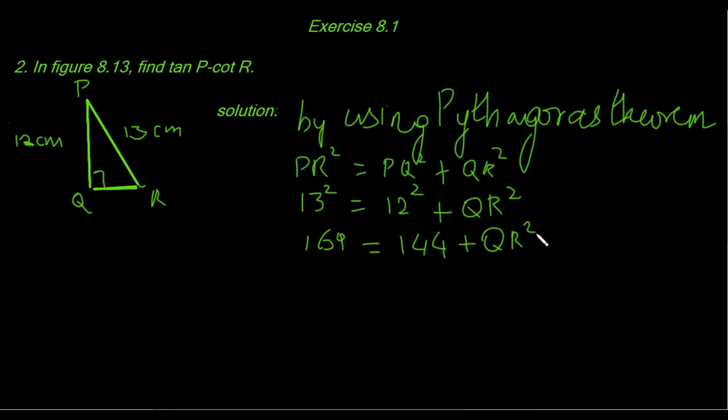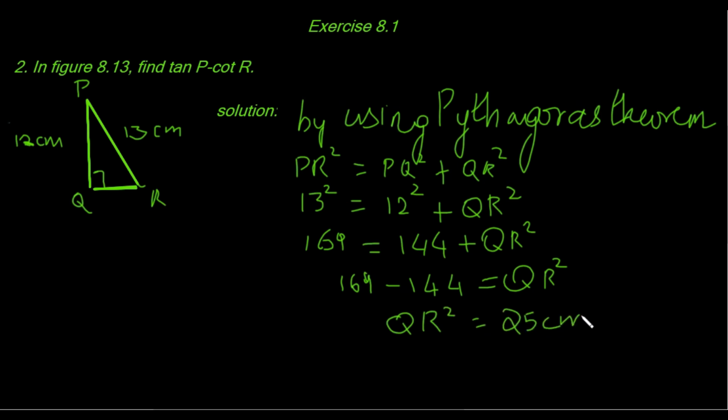Now by sending 144 to the LHS we get 169 minus 144, that is equal to QR square. So QR square is going to be equal to 25.